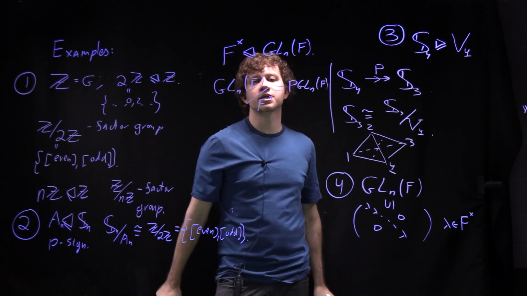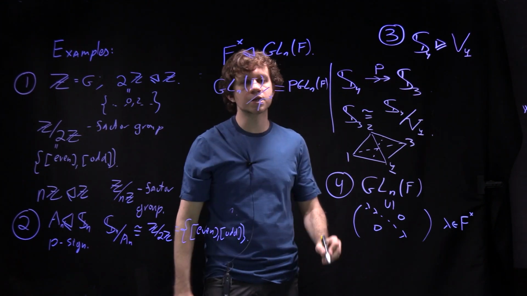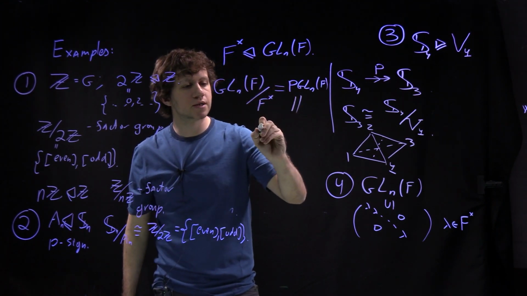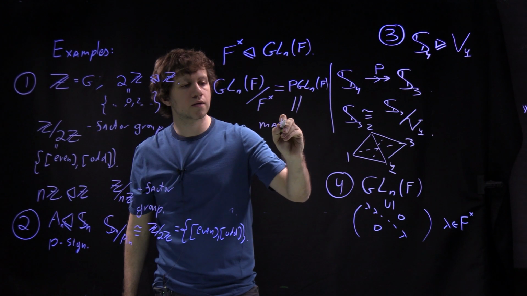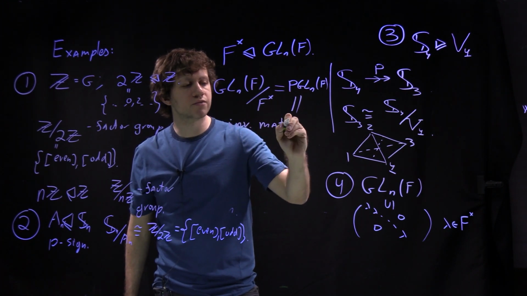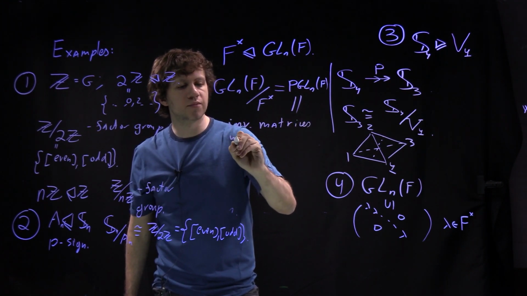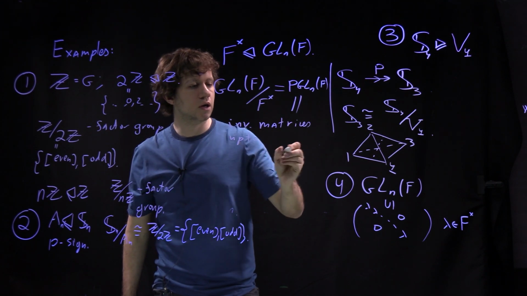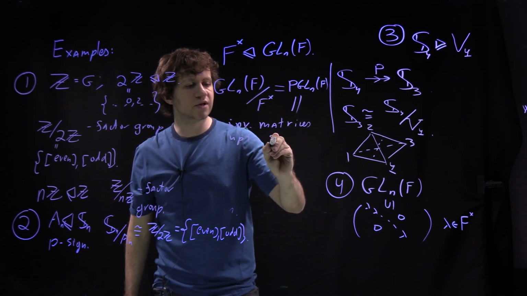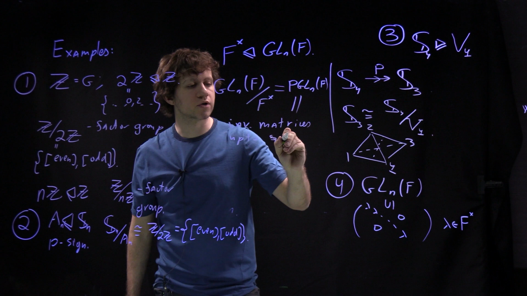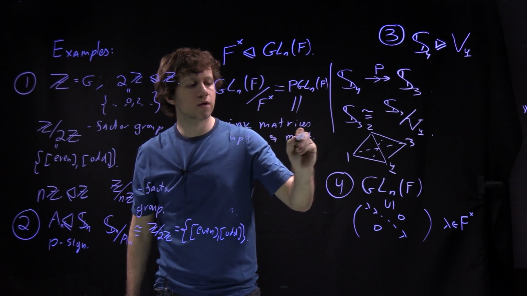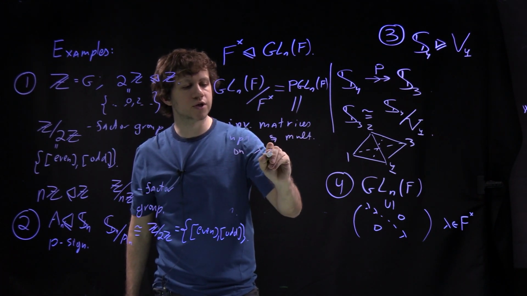And F cross, what it means, these are invertible matrices up to multiplying by a constant, multiplying by lambda not equal to 0.